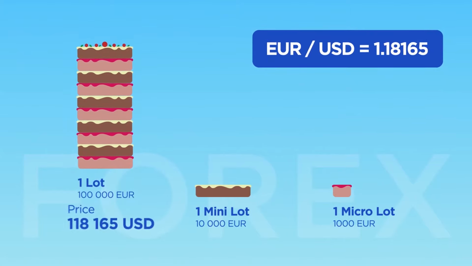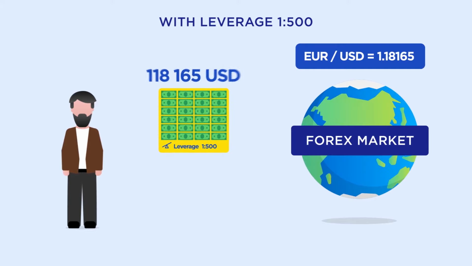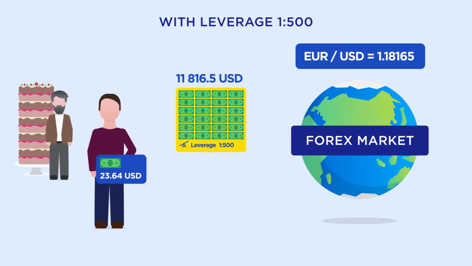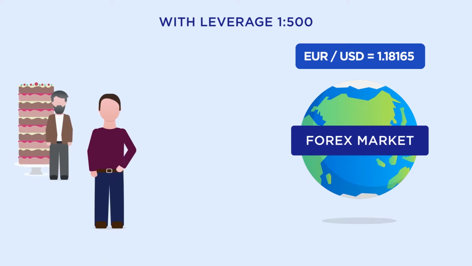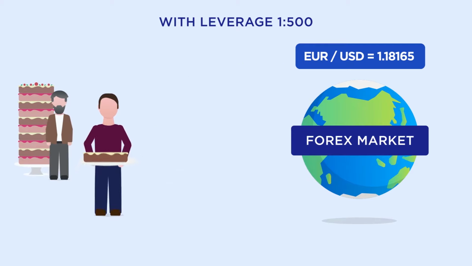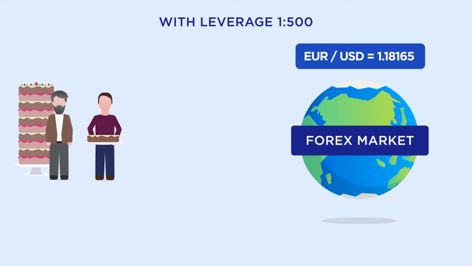Leverage is a special loan which is given to a trader at the moment of opening an order. With the help of leverage of 1 to 500, you can trade 1 lot of Euro-US dollar by only investing 236.38 US dollars of your own money. To trade a mini lot, you only need 23.64 US dollars and 2.36 US dollars for a micro lot.